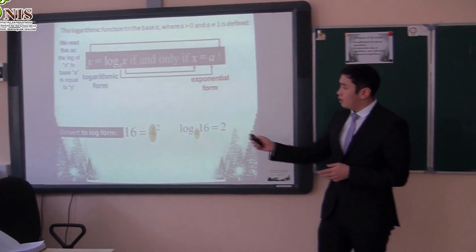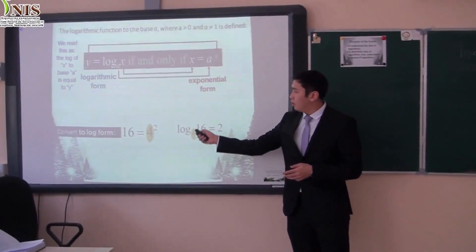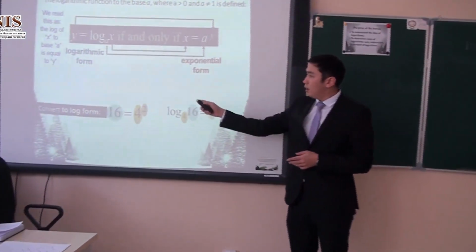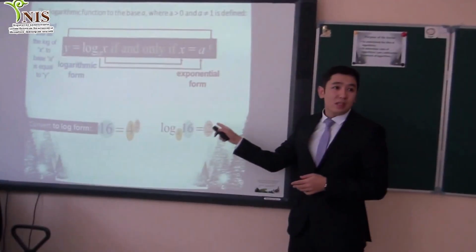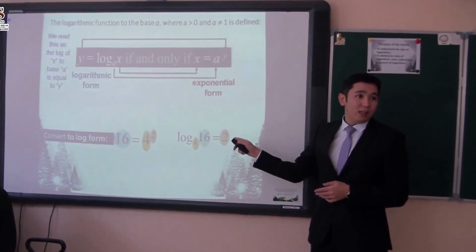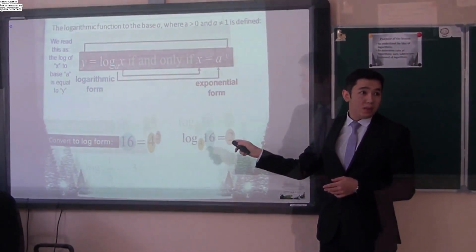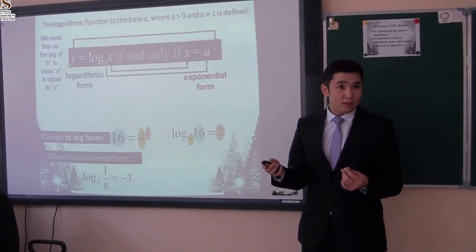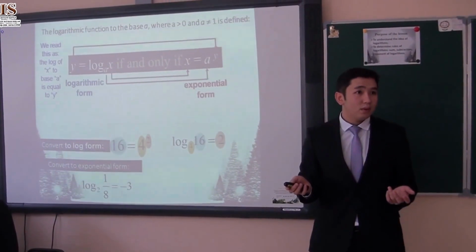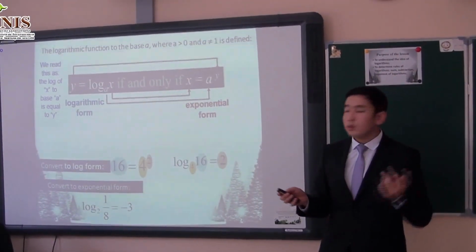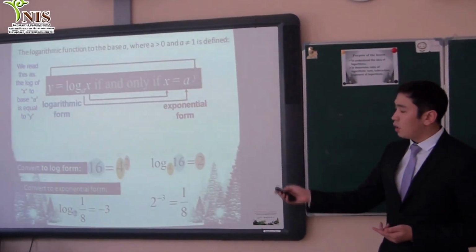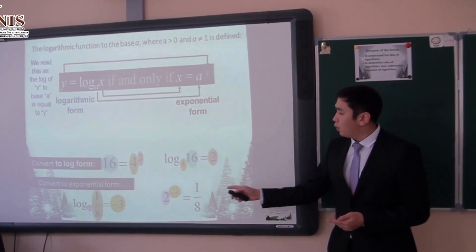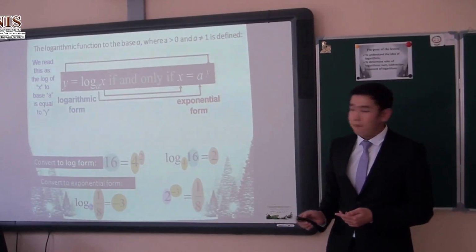So you can see that 4 comes to the base, 16 comes to the logarithm, and the exponent comes to what the logarithm equals. And to the power of minus 3 is equal to 1 over 8. Very good. So you can see where 2 goes, where minus 3 goes, and where 1 over 8 comes.